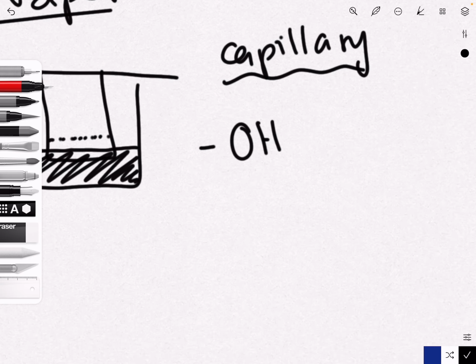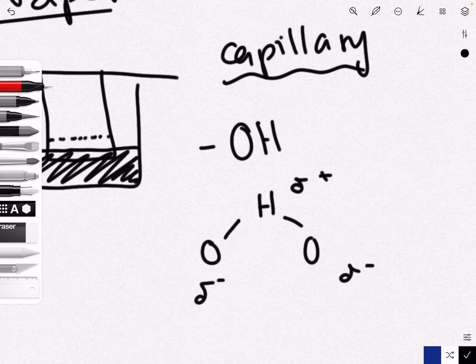If we were to have, say, water as our solvent, we have our slightly more positive end here and more negative one down there.